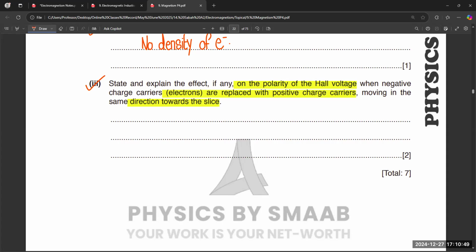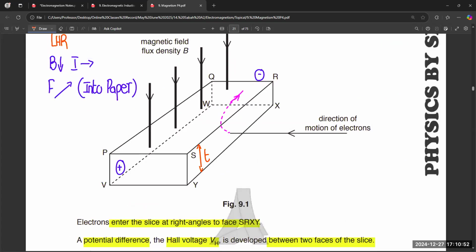It means the positive side is over here now, and electrons are on the other side. So will there be a change or no change? What do you think, if we change the direction of current?